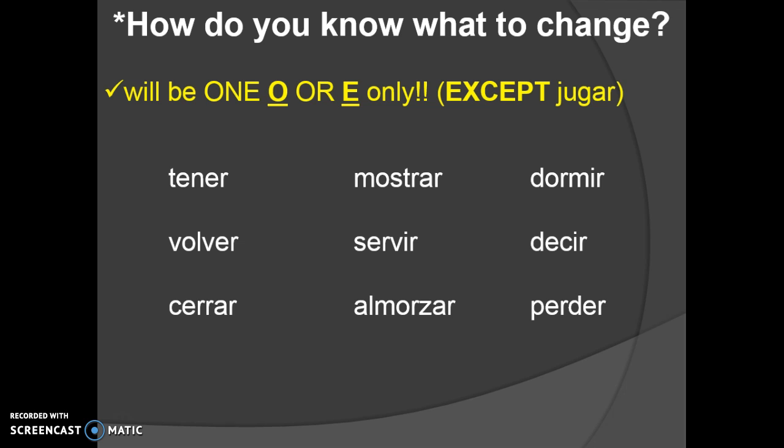So how do you know what letter to change? Well, it will be either one of the O's or one of the E's only. You won't change any other letter except for one O or one E. The exception to that is jugar. So in the list of verbs that I have here, it's going to be any of the ones that are green.